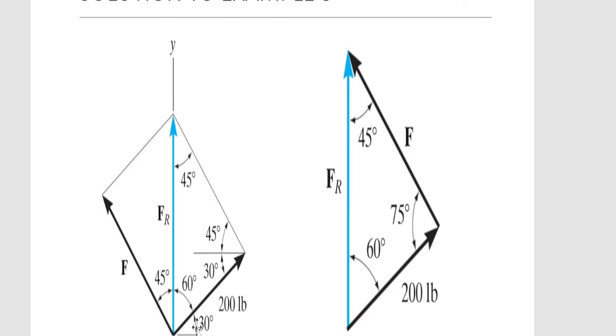So the opposite angle is also 60. Then after that, 30. So how can we find the remaining angle? Here also 45 degrees, the opposite angle is 45 also. So the remaining angle is this 45.